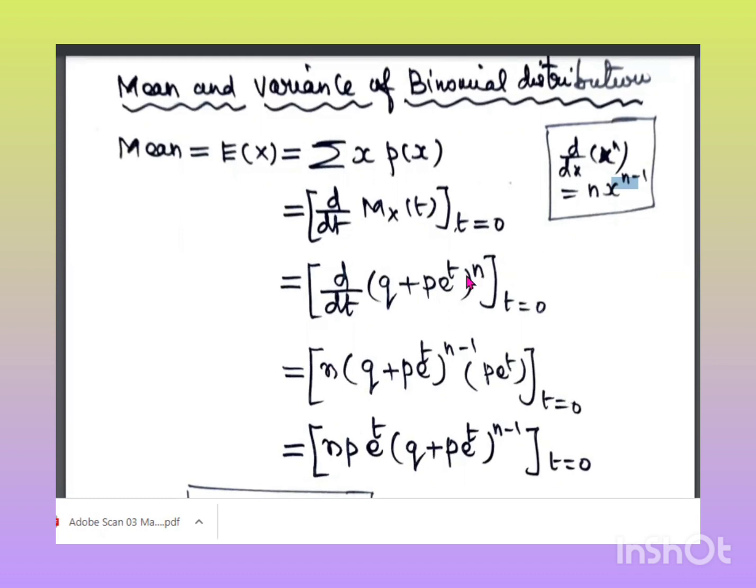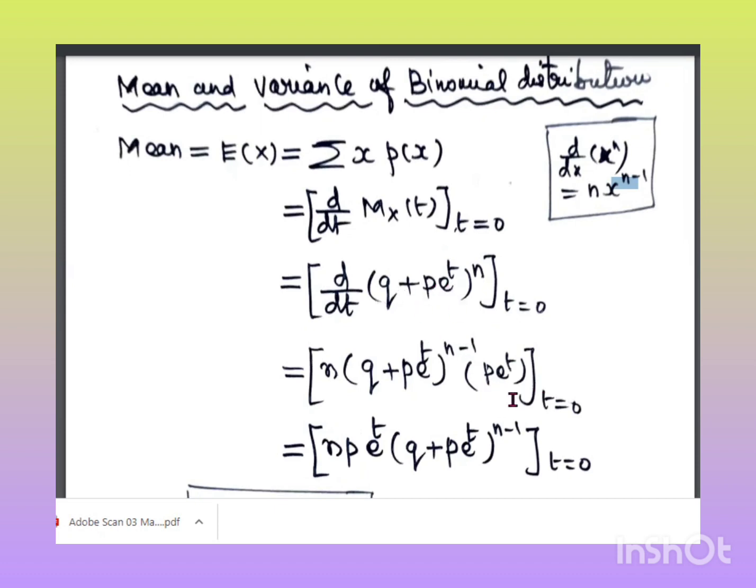Into, next you have to differentiate the base. Power is n, so power n we have differentiated. Next you have to differentiate the base. Which one is the base? q plus p e power t. That is the base, power is n. So q plus p e power t you have to differentiate with respect to t. q is not having t, so q differentiated with respect to t is 0. p e power t: p as it is you have to write, and e power t differentiated gives e power t.